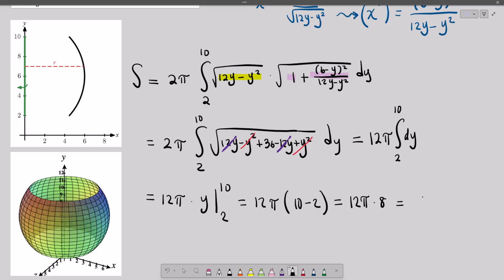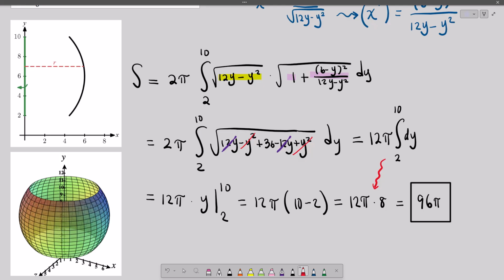And so we'll get 96 times pi. So as you do more and more of these, it's completely fine just to cut to the chase right there. You can just go straight there. Integrating a differential gives you the length of the interval. That'll be our surface area.